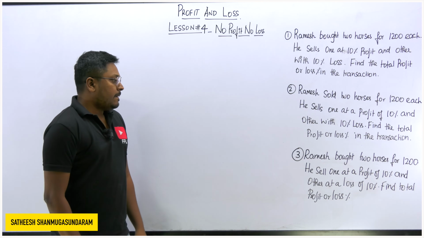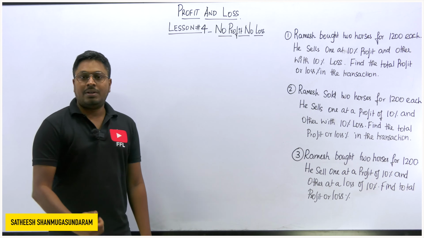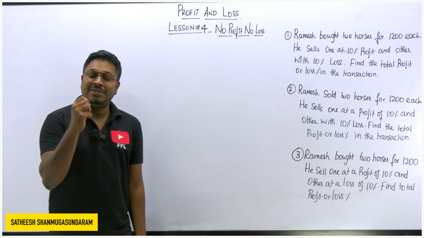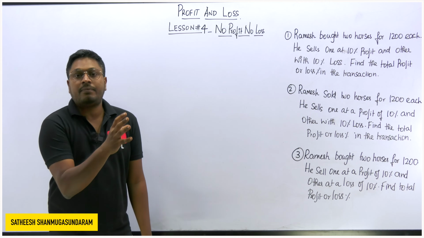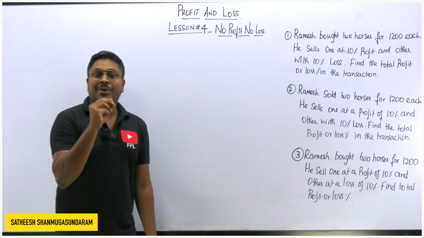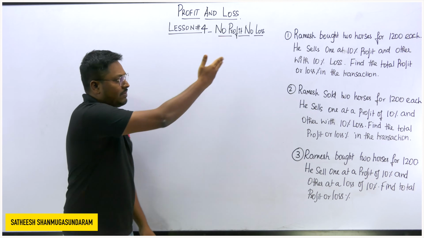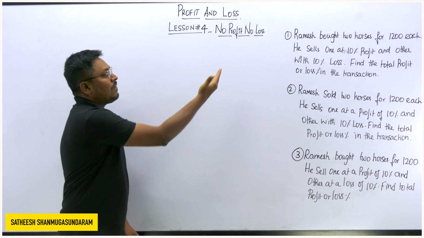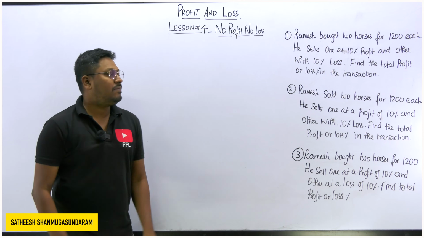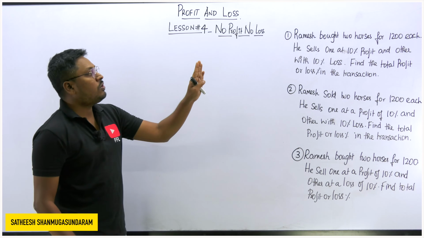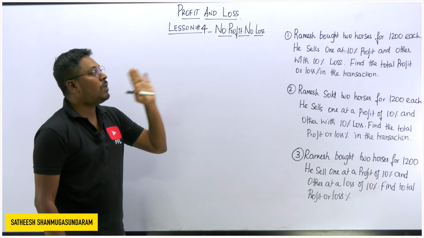Now, before solving a question in lesson number 4, you first have to understand something. In the topic profit and loss, most of the questions look similar. I have written 3 questions here. Just find out the major difference between them. First question: Ramesh bought 2 horses for 1,200 each.